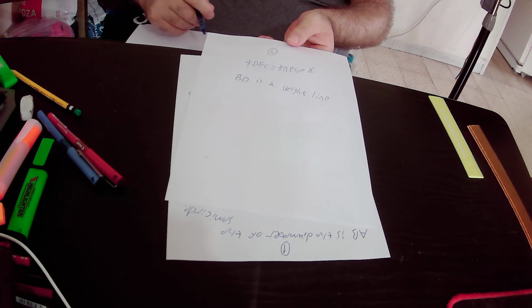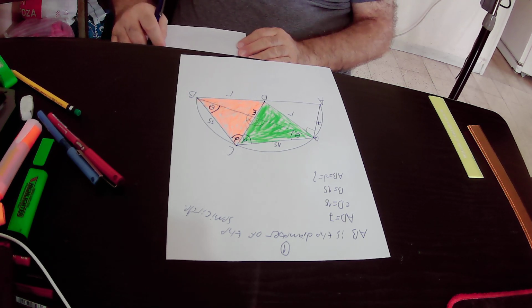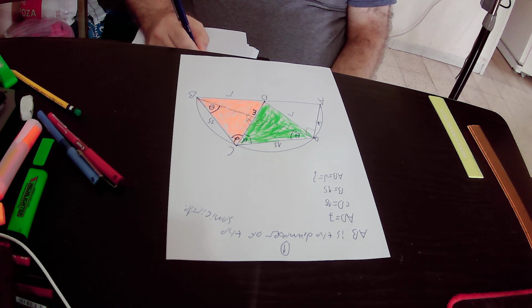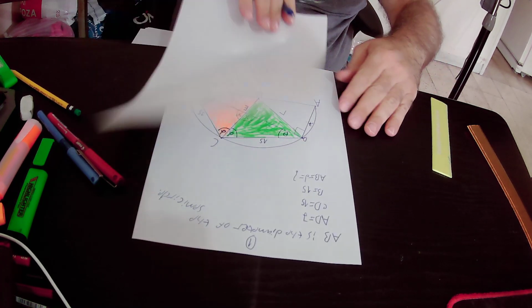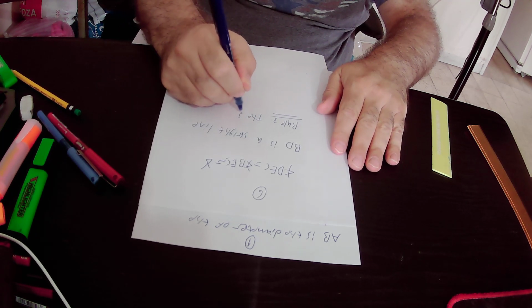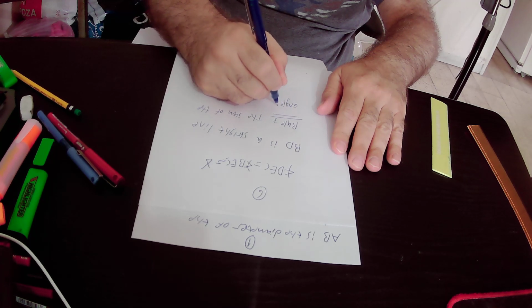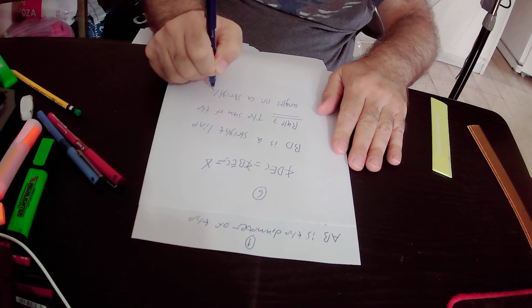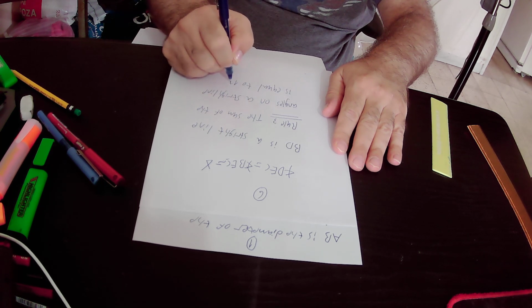Okay, BD is a straight line according to our construction, and we have a rule number 3 that states that the sum of the angles on a straight line is equal to 180 degrees.